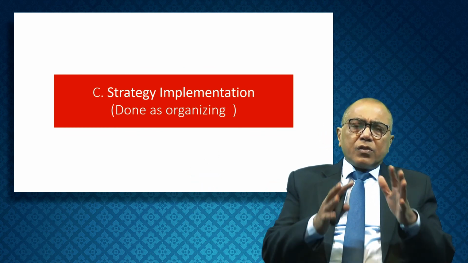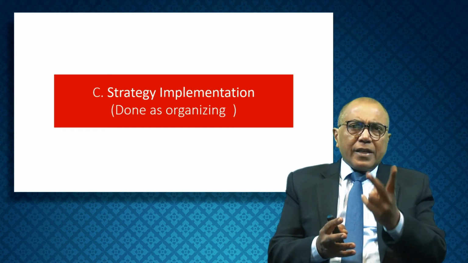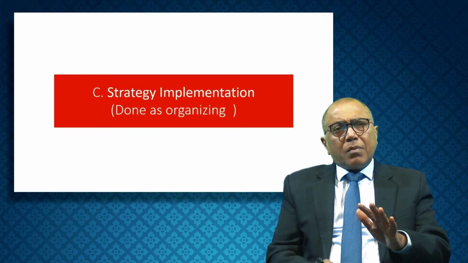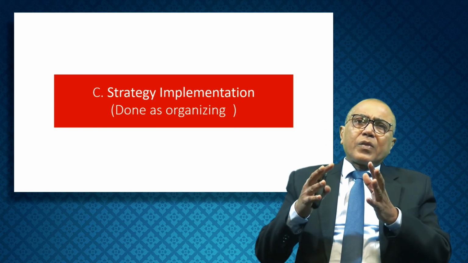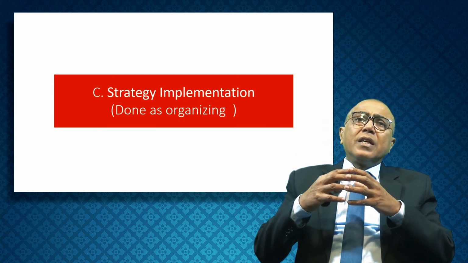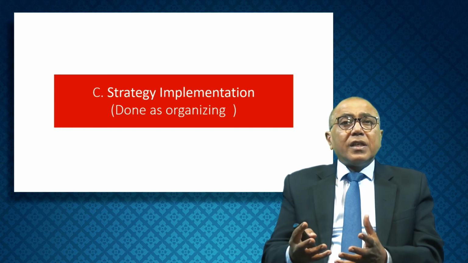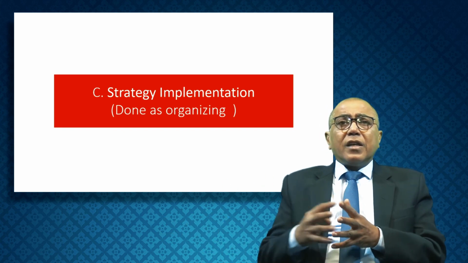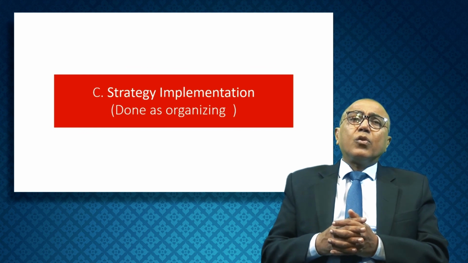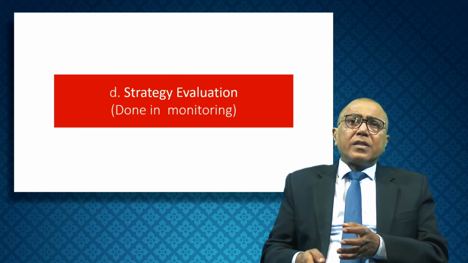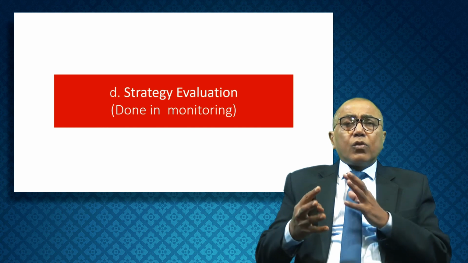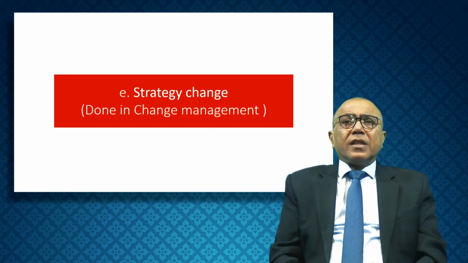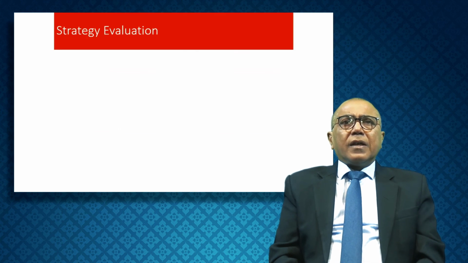So what we did was we did the plan. The plan has two, strategic and operational plan. So we look at the operational plan. Then comes the strategy implementation. We will spend more time on that. And then strategies have to be evaluated, how to do the monitoring mechanism, and find the strategic change. So we'll go into that in a while.